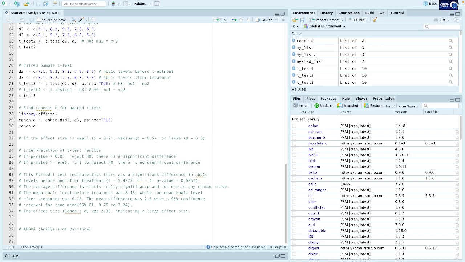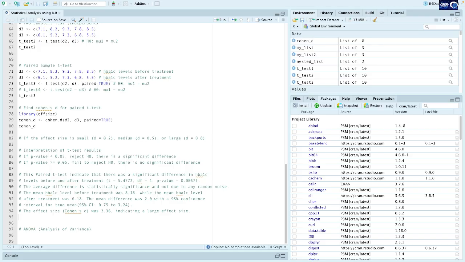So basically there are three types of chi-square test: independence, goodness of fit, and homogeneity. In independence, we test the association. In goodness of fit, we check the distribution, and in homogeneity, we check the equality across the groups.